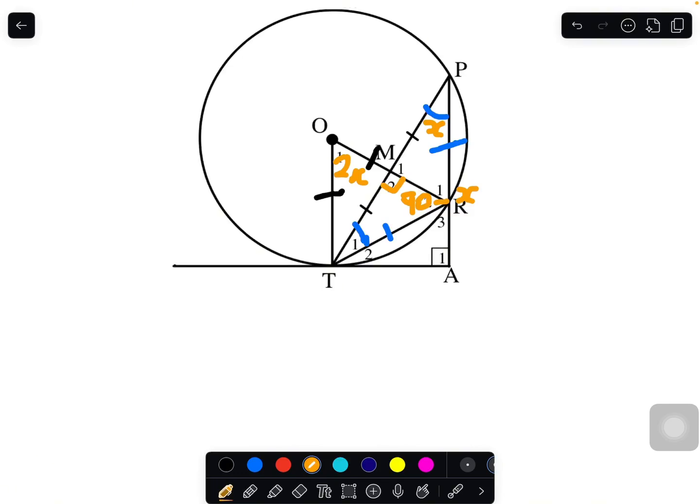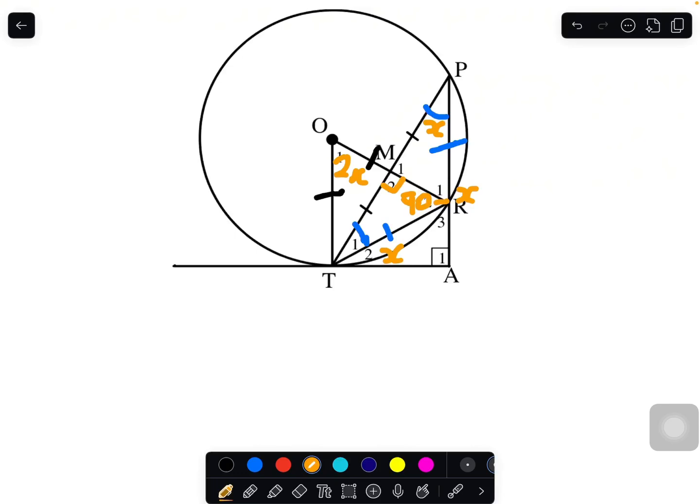We can also see that this entire angle right here is 90 minus x. But before we get there, what other obvious angles can you see? You can see here that T2 will equal P, which would be x.